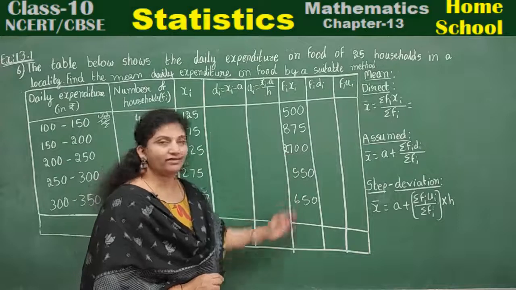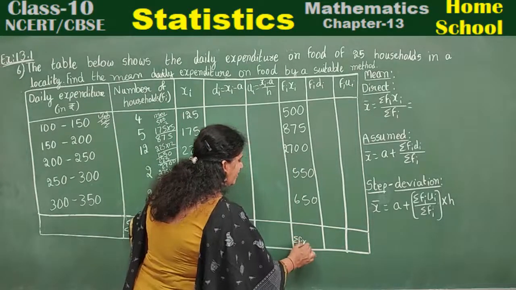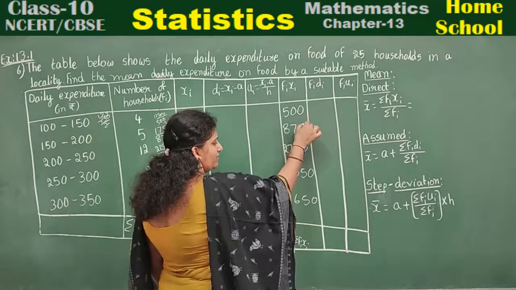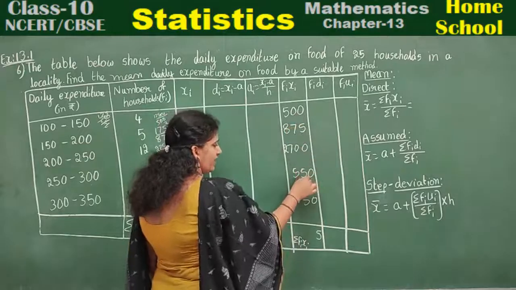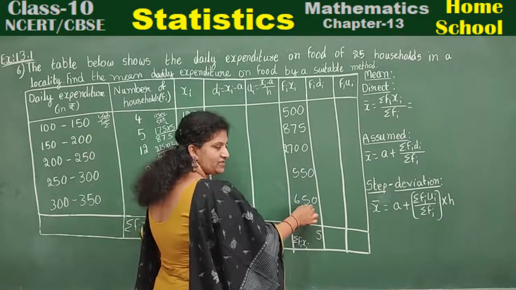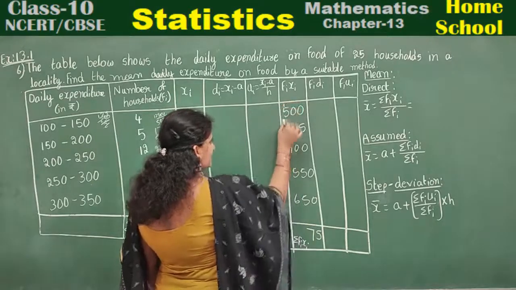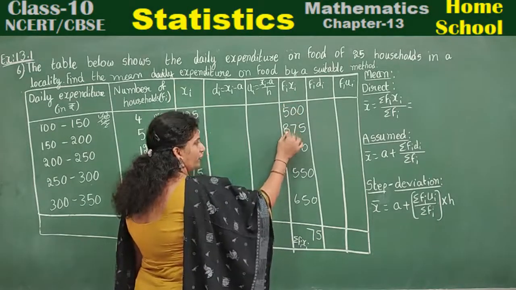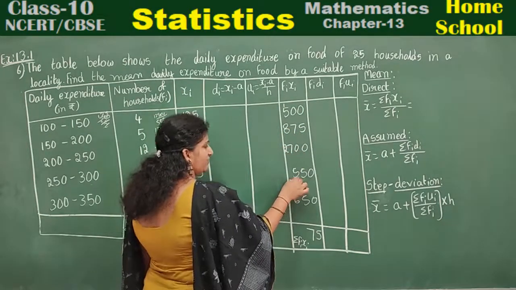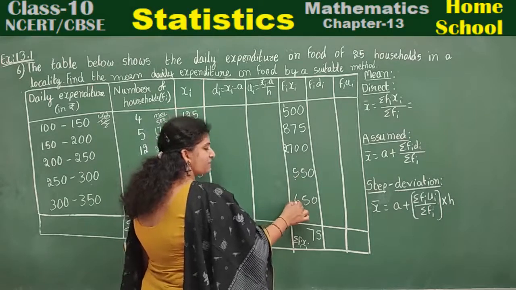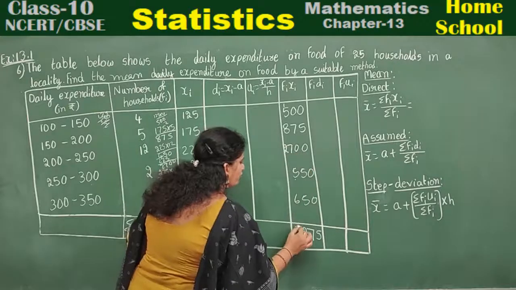Find summation Fi Xi. That means you need to add the column. Write here summation Fi Xi. Let's start adding. 500 plus 875 plus 2700 plus 550 plus 650.